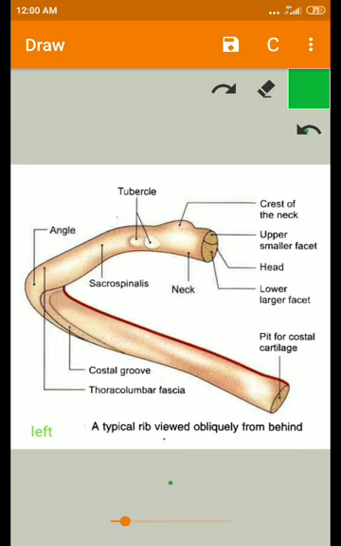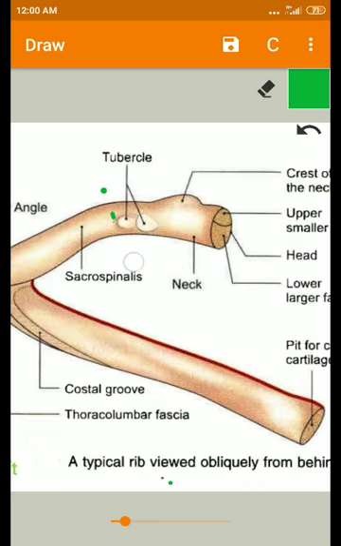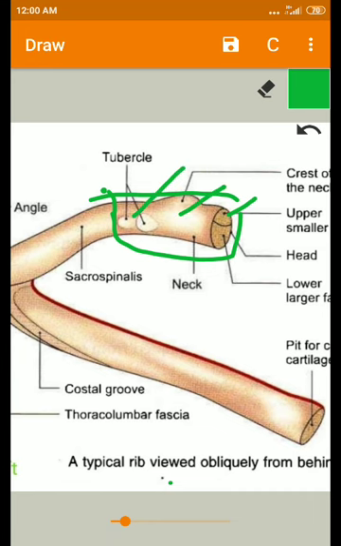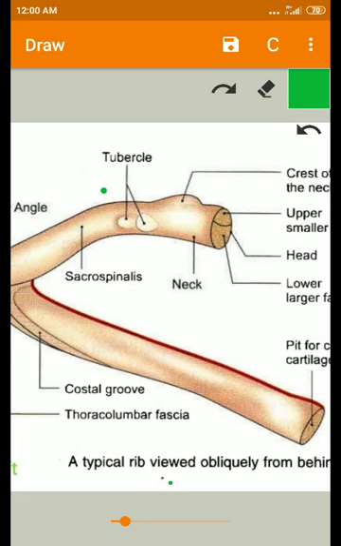Now coming to the posterior end. The posterior end consists of three parts: head, neck and tubercle.